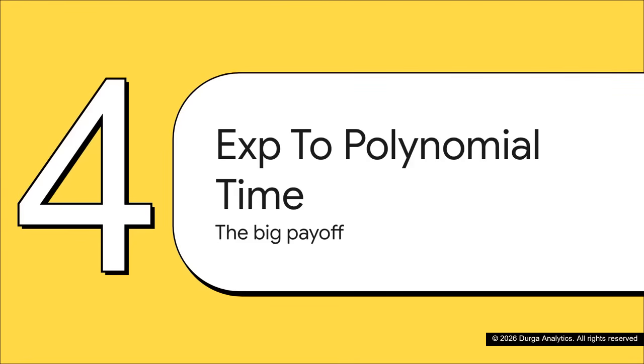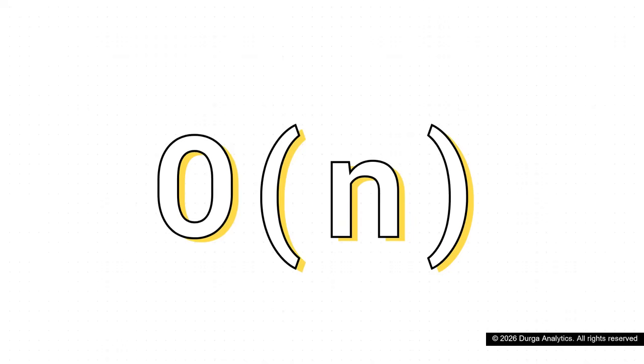Which brings us to section 4, exponential to polynomial time. This is the big payoff. The whole reason we care about this architecture is the sheer scale of CPU cycles saved. By never solving the same subproblem twice, dynamic programming literally shifts an intractable exponential brute force problem into a blazingly fast polynomial one.